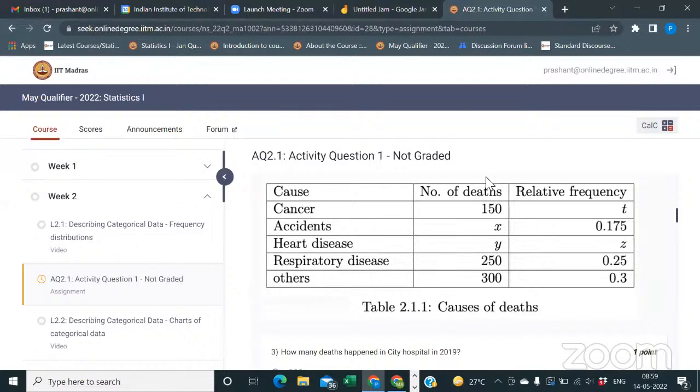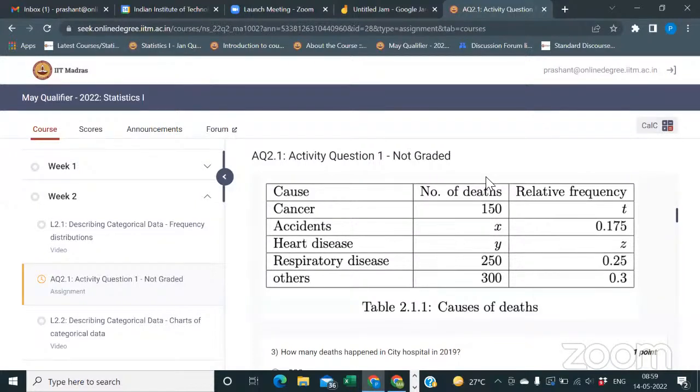What was your approach for this question? When I am doing this question, I can't find the value of X and Y first of all. Then after finding this value, I can't find the value of Z.